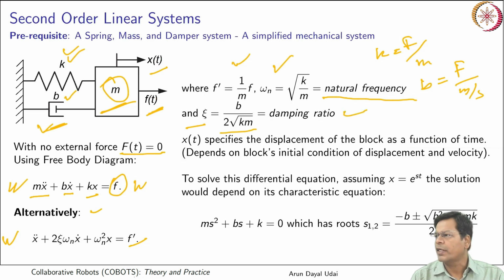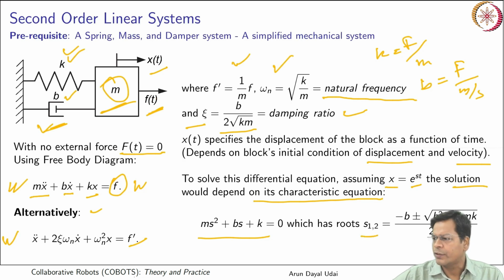x(t) specifies the displacement of the block as a function of time. That depends on the block's initial conditions also, that is displacement and velocity. To solve this differential equation, we assumed in the last class x is equal to e to the power st. The solution depends on its characteristic equation, ms square plus bs plus k, which has roots s1 and s2, that is minus b plus minus root of b square minus 4mk, divided by 2m.